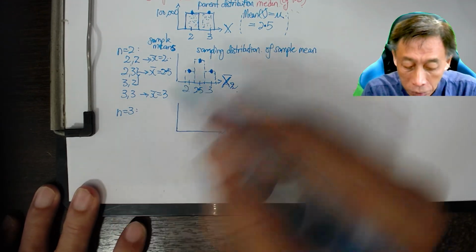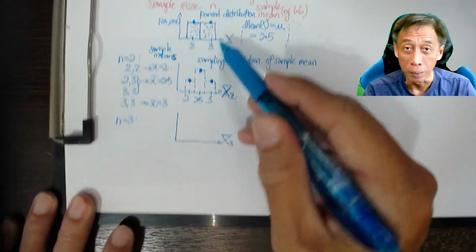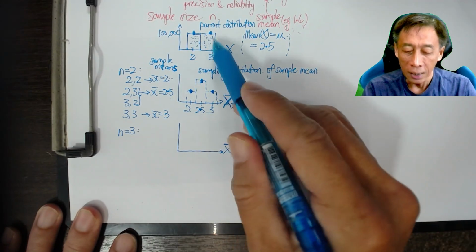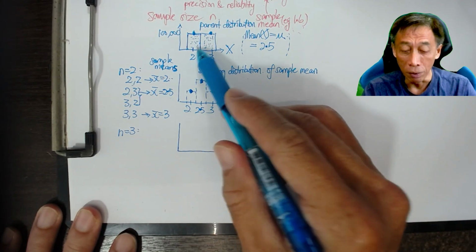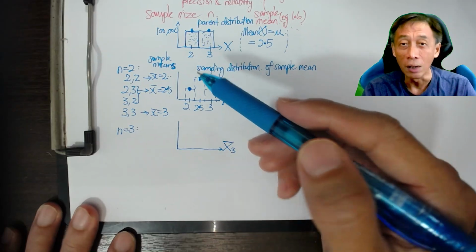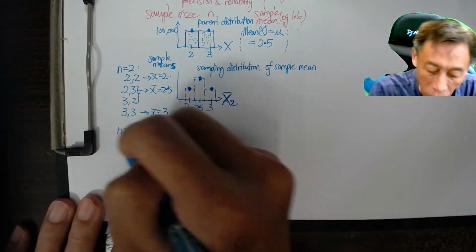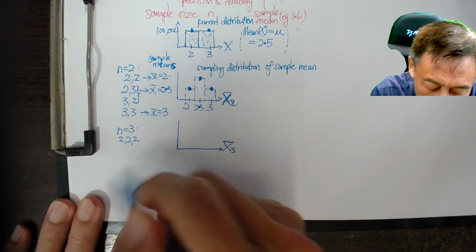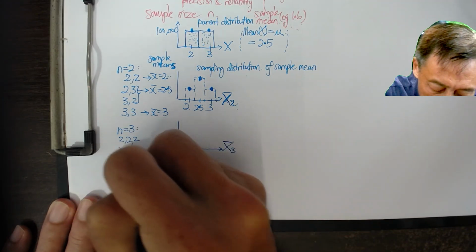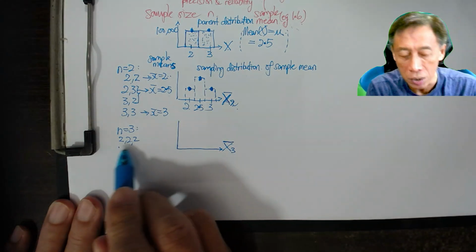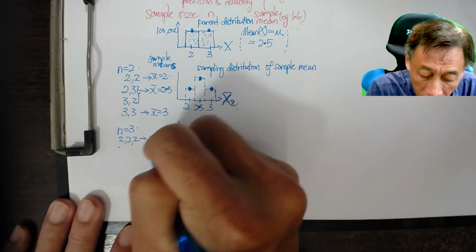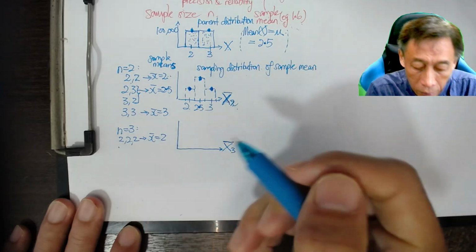For n equals 3, I measure from the parent distribution, the source here. If I pick any 3 neighbors, 3 people from the top, what kind of numbers do I get? Well, let's just list it out. I can get 2, 2, 2, right? And that's all, because if I permute the 2's as a collection in order to calculate X bar, it doesn't make a difference.